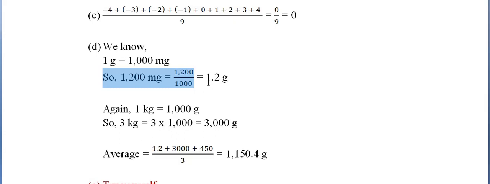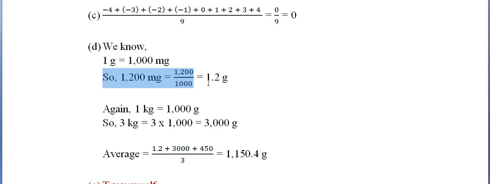But if you wish to solve the question by converting them to milligram or gram or kg, it's your choice. You are free to do so. Whatever way you think fit, you are allowed. It's not compulsory to follow the method that I am using here.